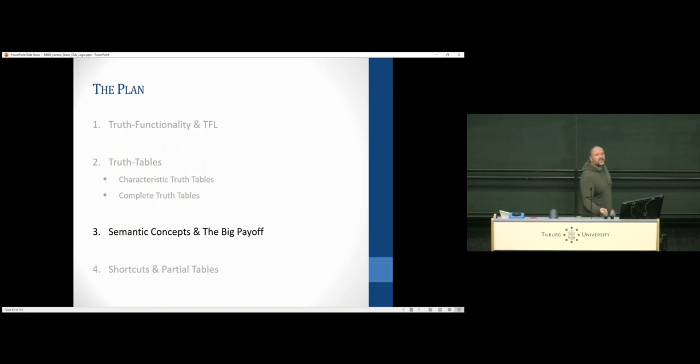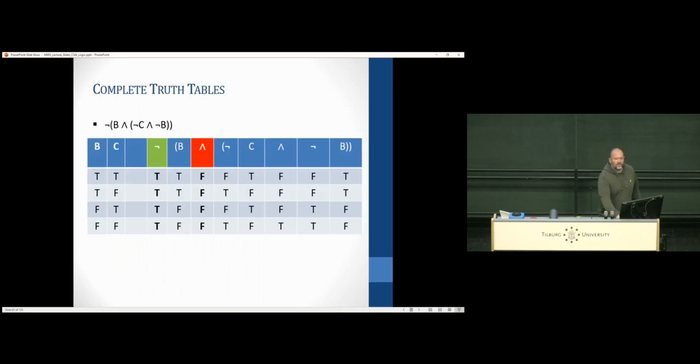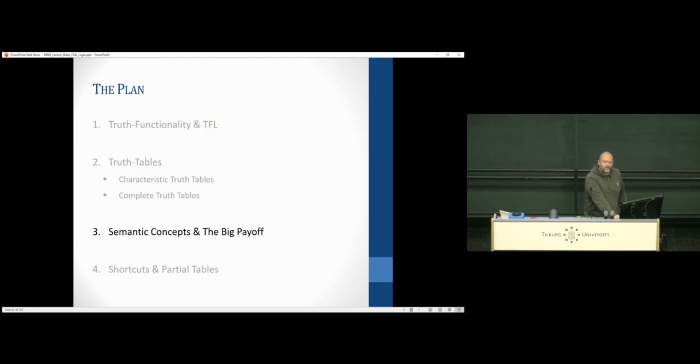And we've already gestured at this a little bit when we talked about this table, right? I just went back a slide. And we talked about how this table shows that this TFL sentence turns out to be a necessary truth, because there's no way to make it false. So this is already starting to show why we'd be interested in this table method.